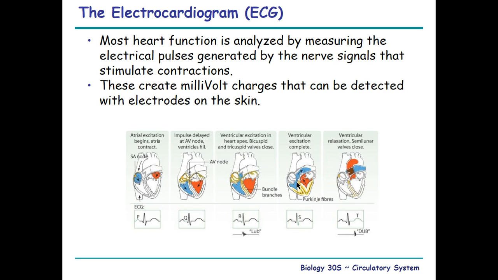Okay. Remember, it's going from the SA node to the AV node, down the bundle of His, okay, and then to these Purkinje fibers. Okay, when ventricular relaxation occurs, the semilunar valves close. Okay, and blood is moved out.